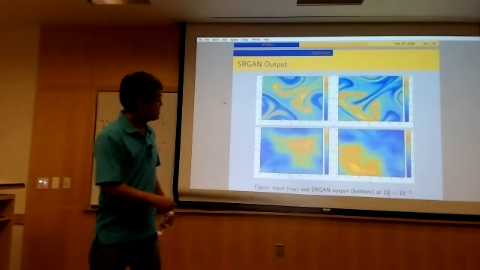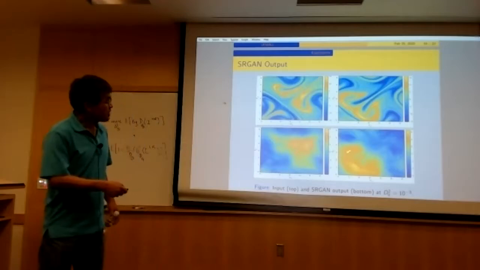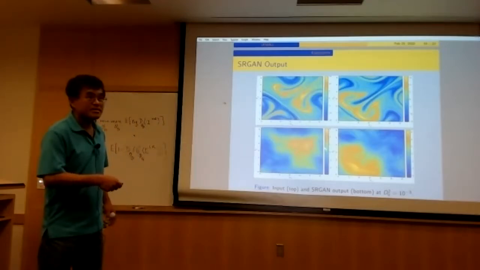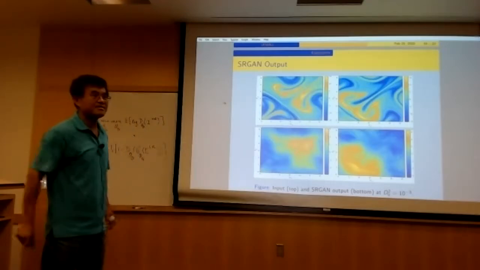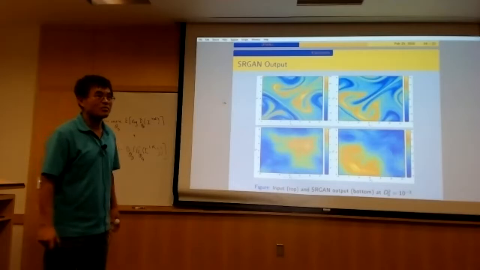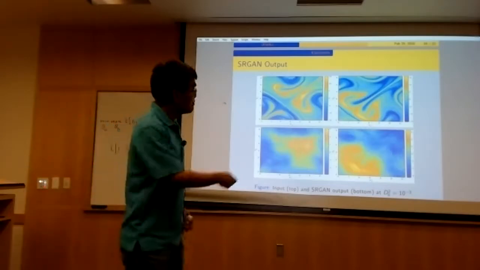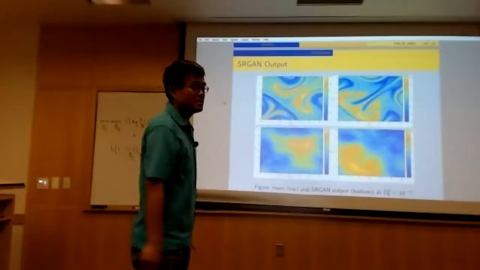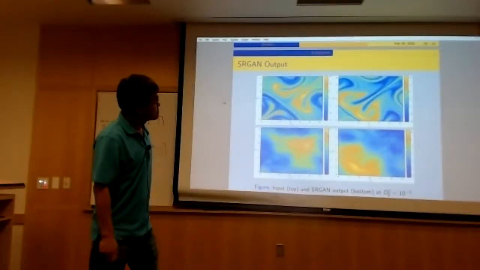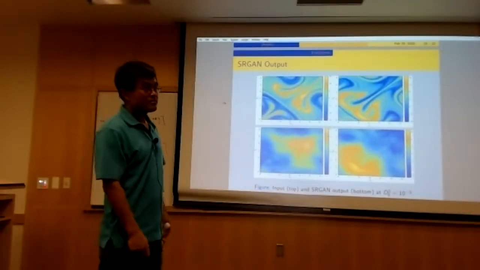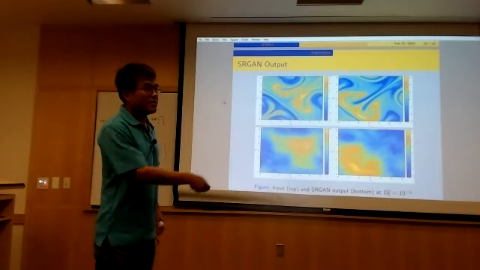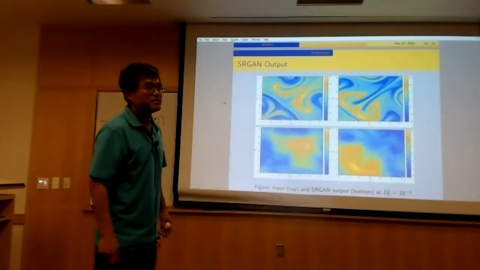Yeah, I guess he used a different color scale maybe to give it more contrast or something. Thank you for pointing that out. But more or less the structure is there. If you have the same color scale, do you see the same structure? Yeah, the fine structures are still there.